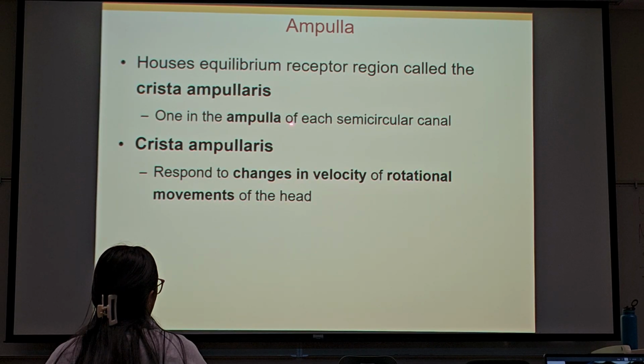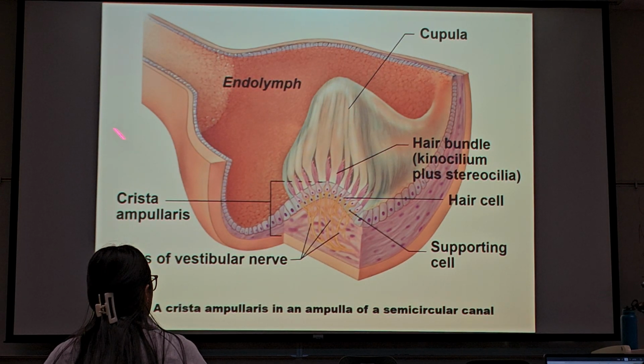It's the crista ampullaris that's going to be firing electrical impulses due to changes in velocity and spinning. That's what's inside of an ampulla, that bulge at the end of a semicircular canal.